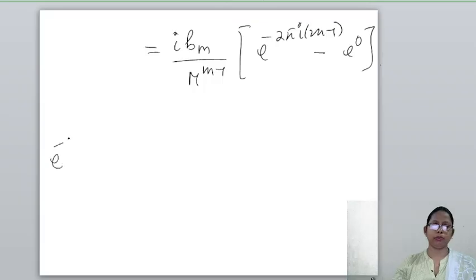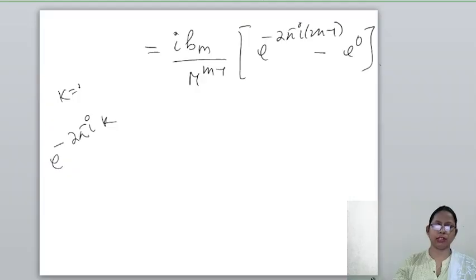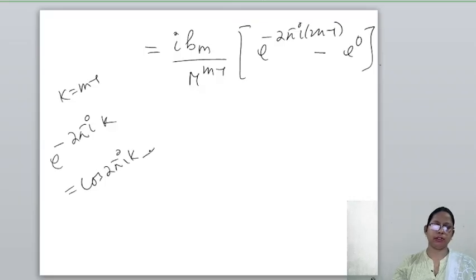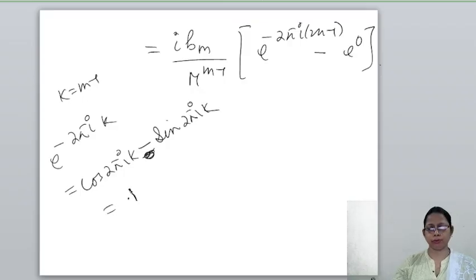Here e to the power minus 2 pi i k, where k is m minus 1, equals cosine 2 pi k minus i sine 2 pi k, and that is equal to 1.